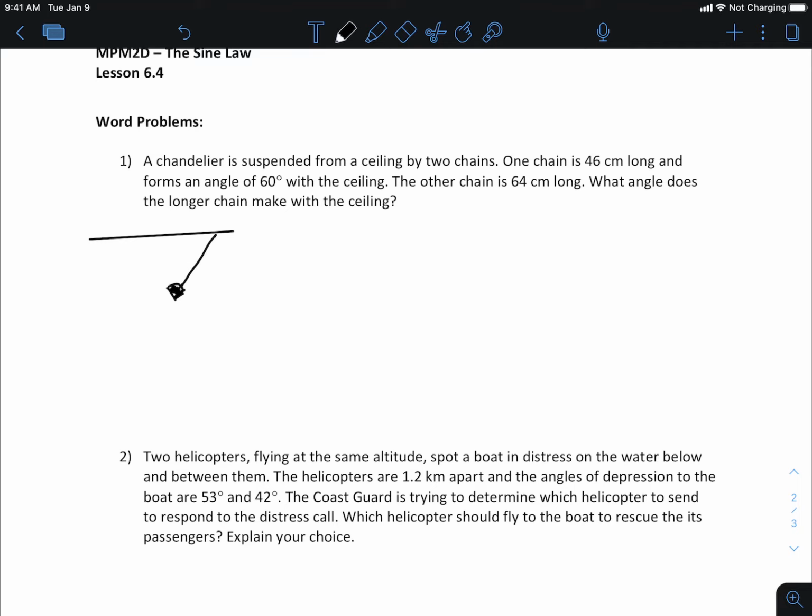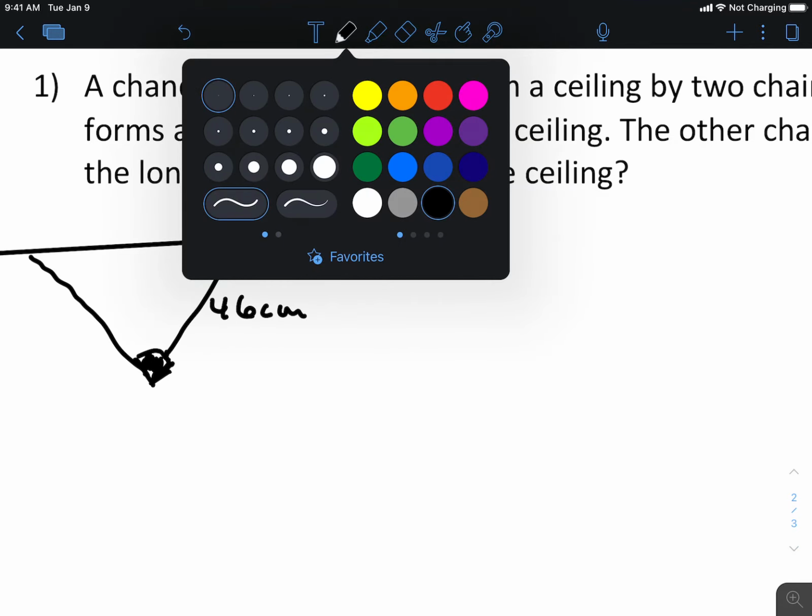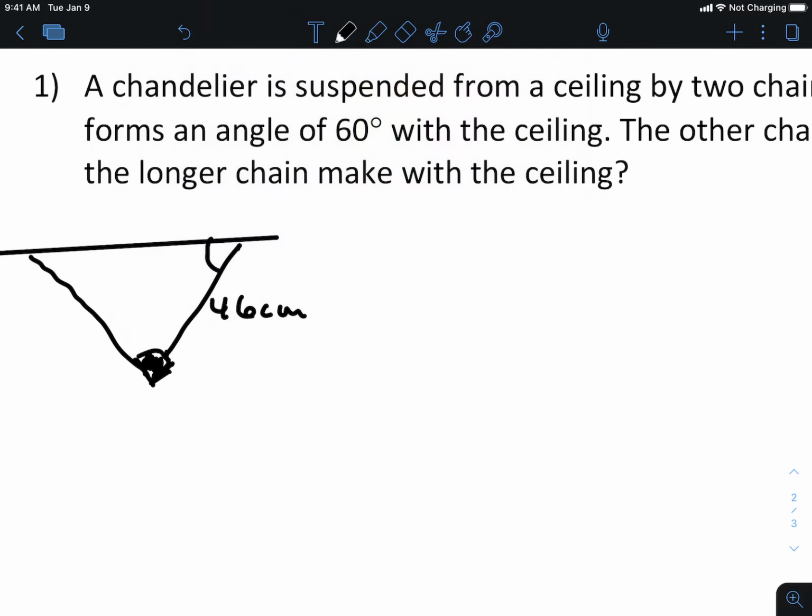Okay? Now, there's 2 chains. One's attaching and the other one's attaching, but we know that the shorter one, so the 46 centimeter one, forms an angle of 60 degrees with the ceiling. Everybody see that?